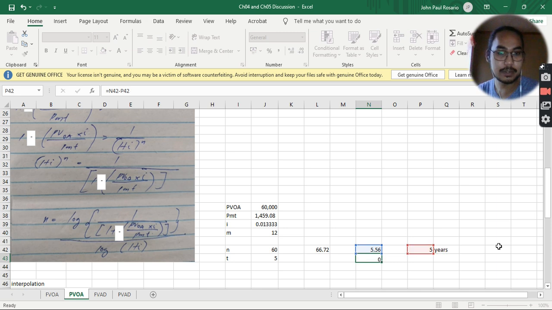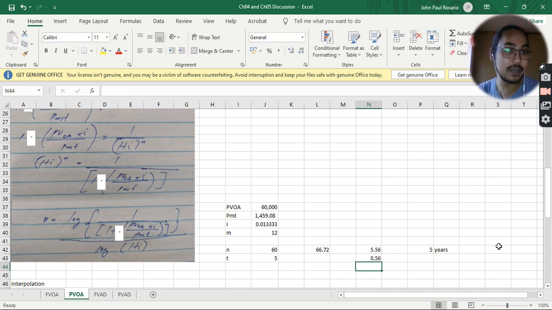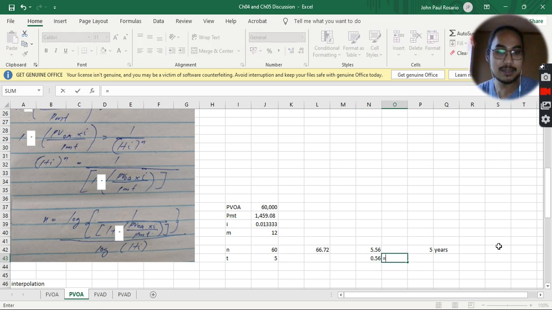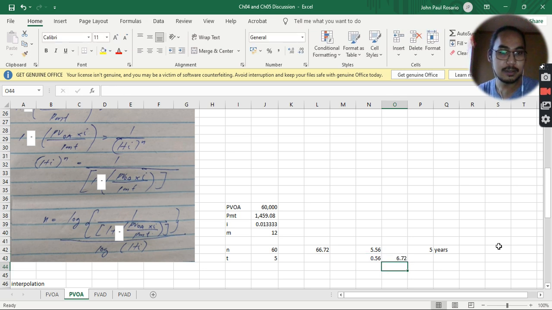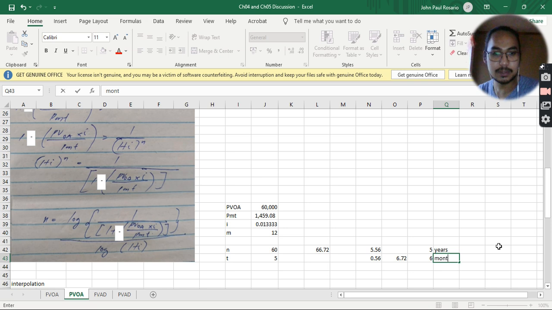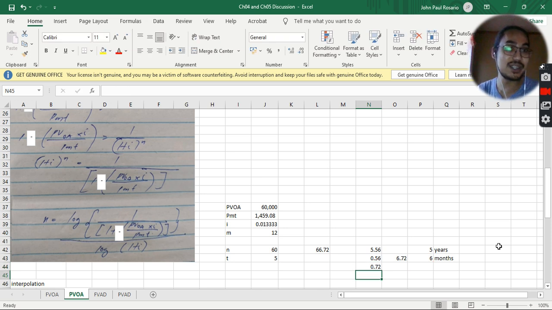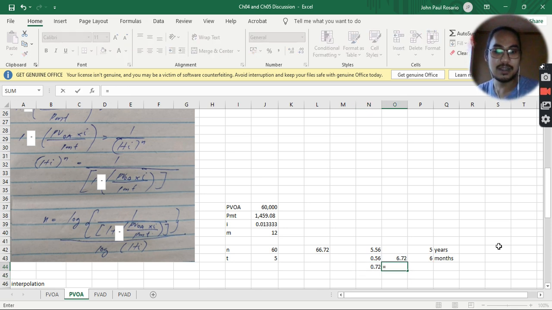Minus 5. Okay? So this is a fraction of a year. So a fraction of a year, the next would be translated into months, so times 12. So we have 6 months. And then we have remaining 0.72, which is a fraction of months.